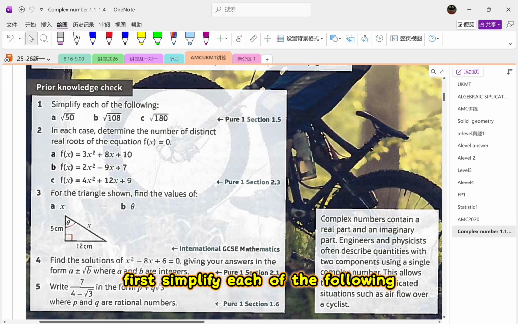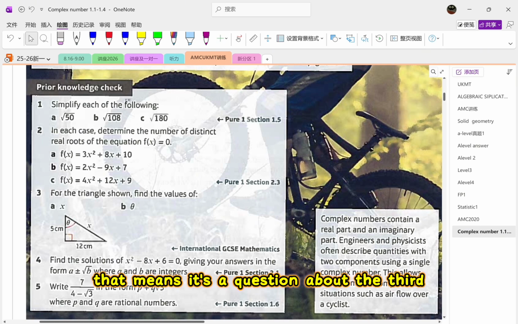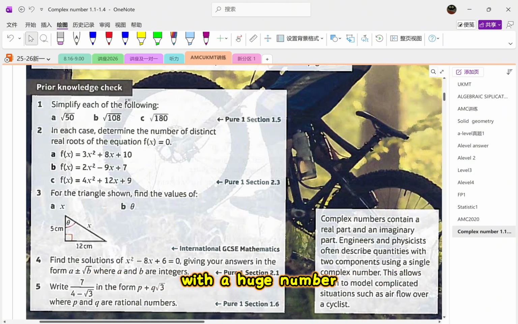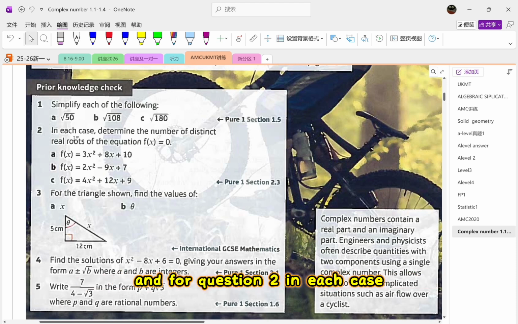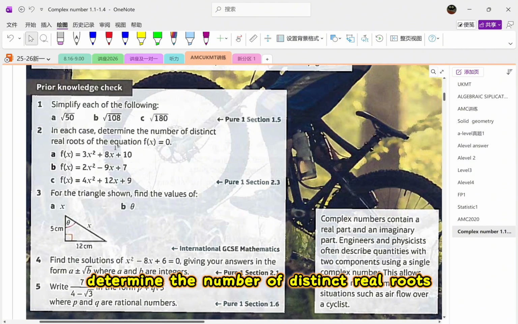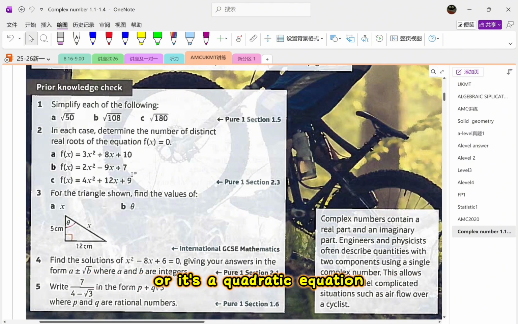First, simplify each of the following. That means it's a question about the surds with a negative number. You should know how to simplify these surds. And for question 2, in each case, determine the number of distinct real roots of its quadratic equation.